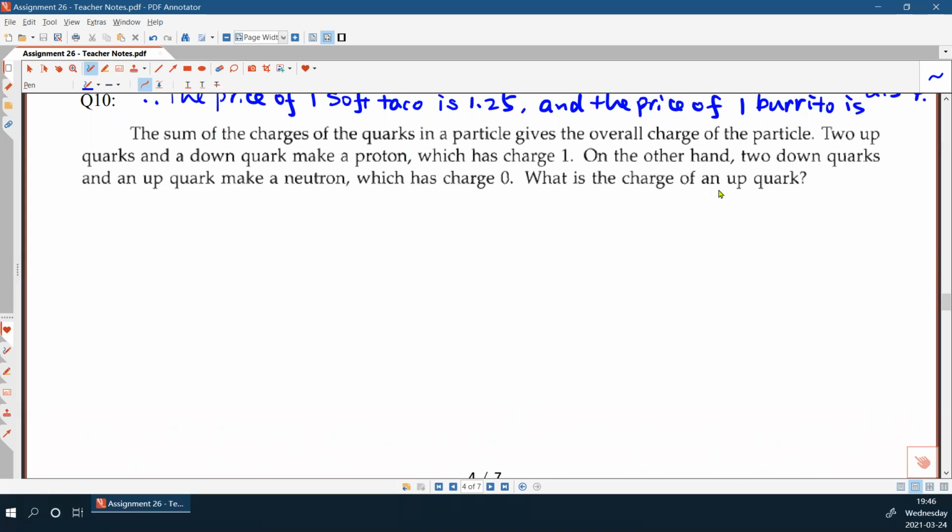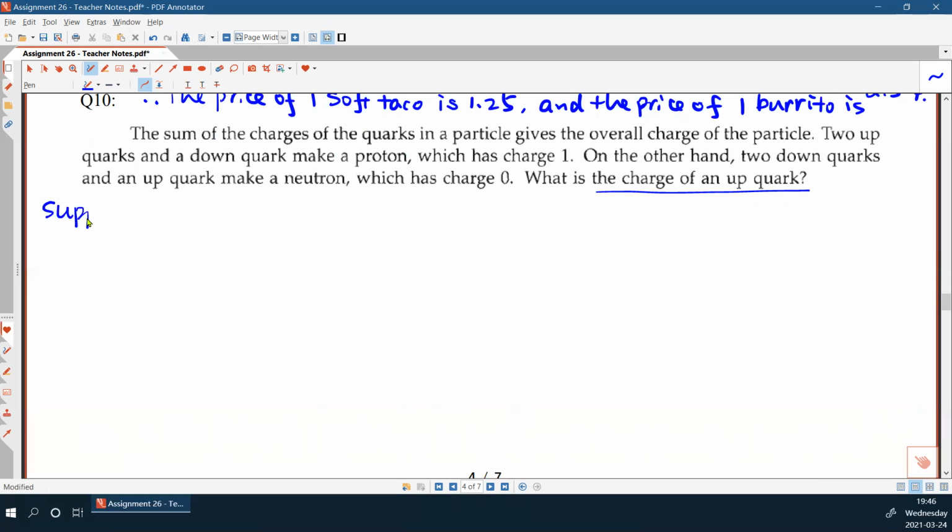Okay, actually, a little background of physics is very helpful to understand this problem, but it's okay if you do not know any physics about it. So you actually want to find the charge of an up quark, right? So suppose we can use a letter to denote the quantity here.